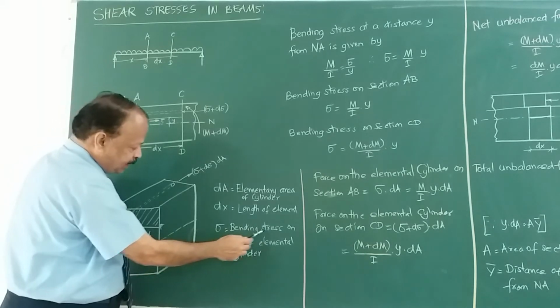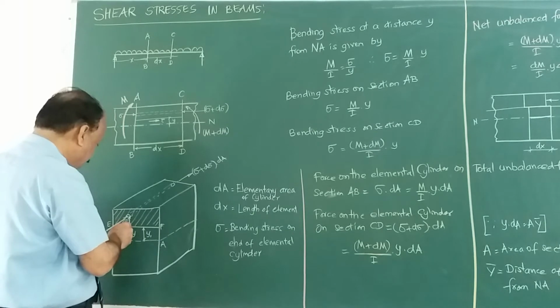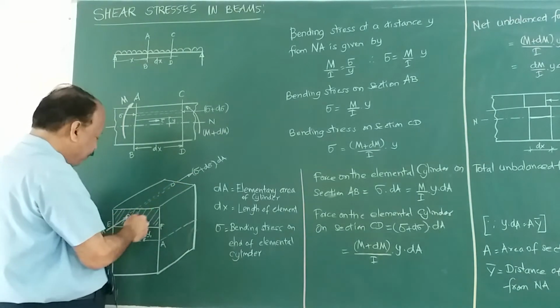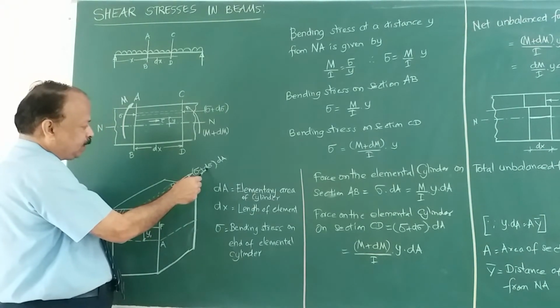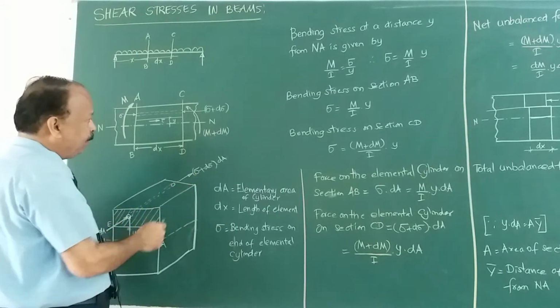Sigma is the bending stress on the end of the elemental cylinder. This is sigma, and here it will be sigma plus d sigma. So the force due to bending stress is stress multiplied by area. This is about only the elemental cylinder.